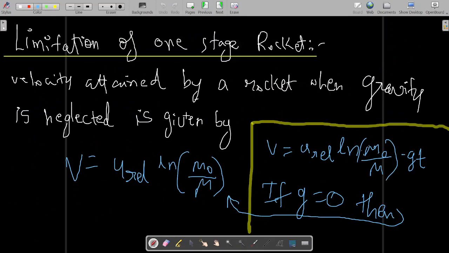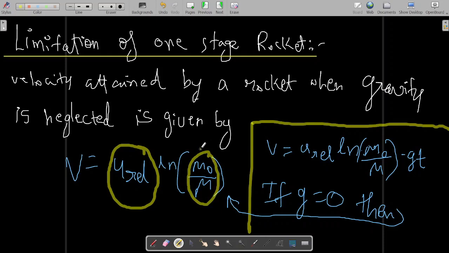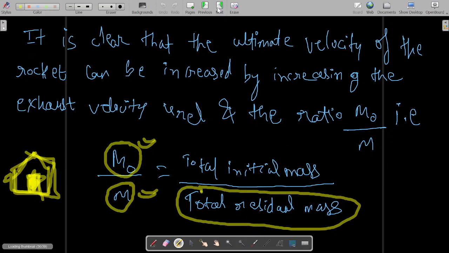You can see over here, in the place of u relative, what will you put? You will put 2.5, and in place of m naught over m, you will put 4. Why will you put like that? Because those are the maximum attainable values.